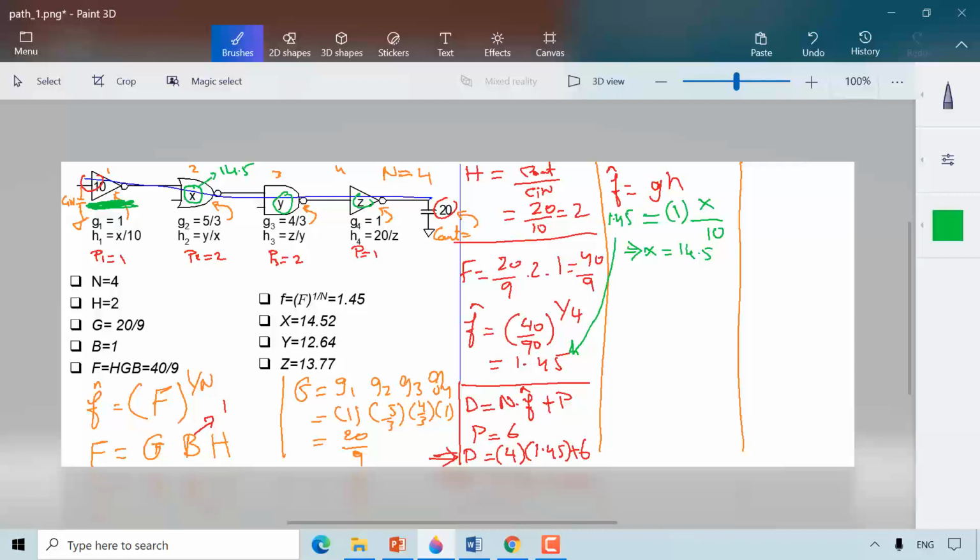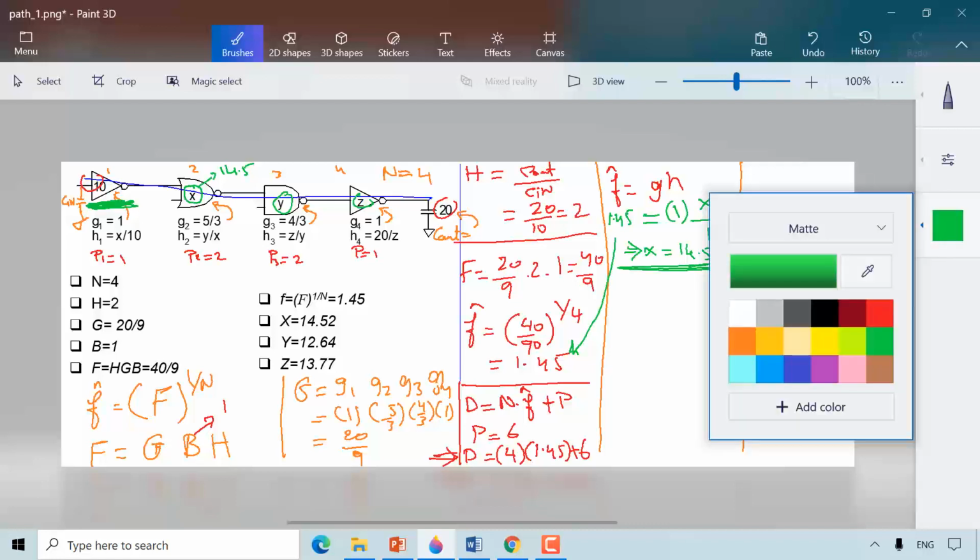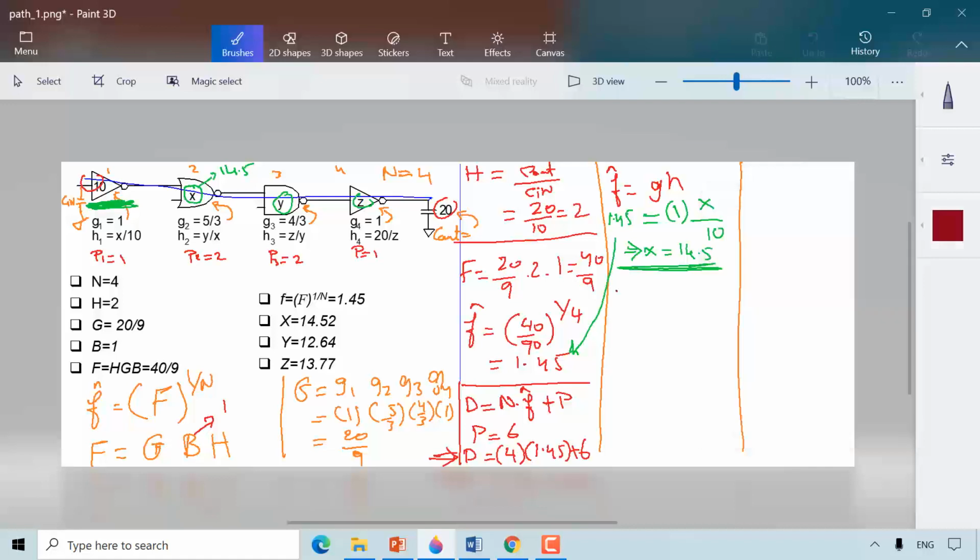Now I need Y. Again, I apply this electrical effort equation on the NOR gate, which is gate number 2 here. So electrical effort GH is equal to 1.45. What's the G for the NOR? It's 5 over 3. Times what?